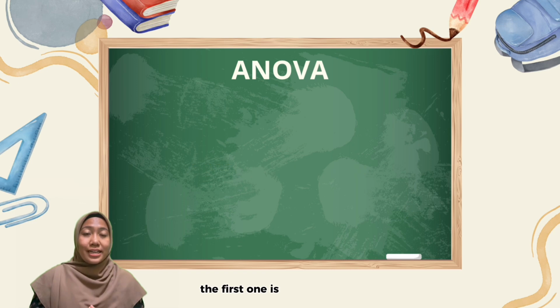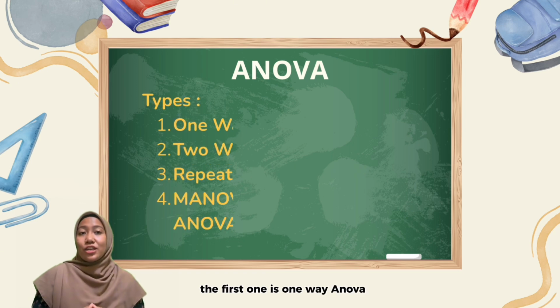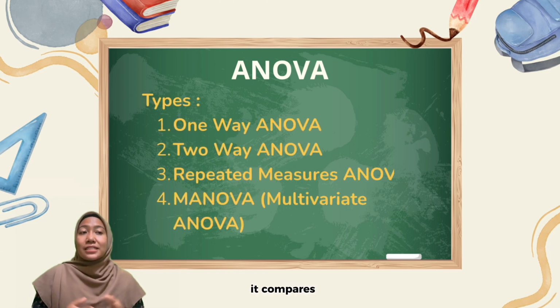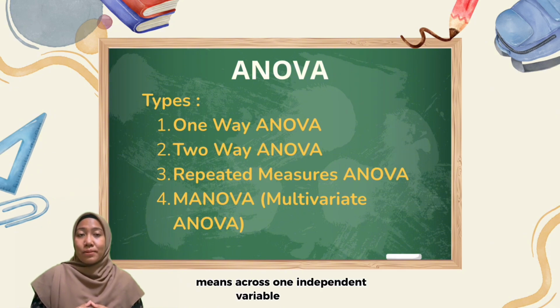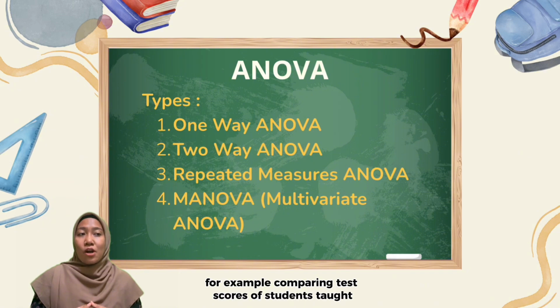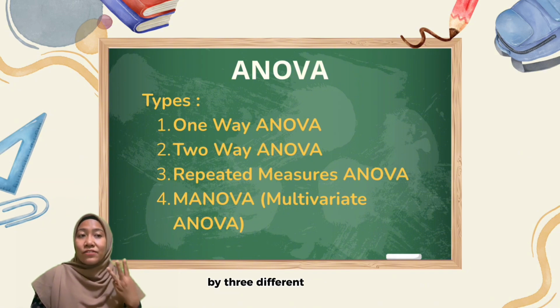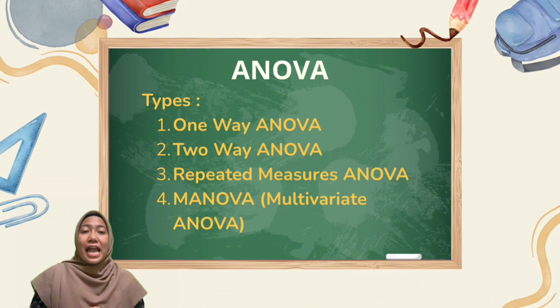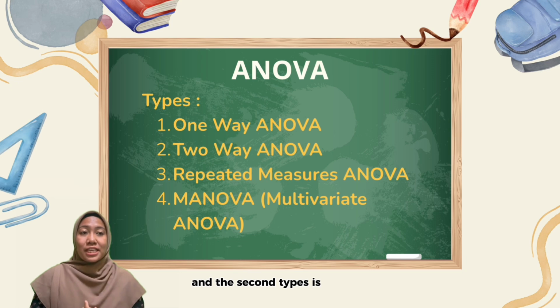The first one is one-way ANOVA. It compares means across one independent variable or factor with three or more levels or groups. For example, comparing test scores of students taught by three different teaching methods. And the second type is two-way ANOVA.